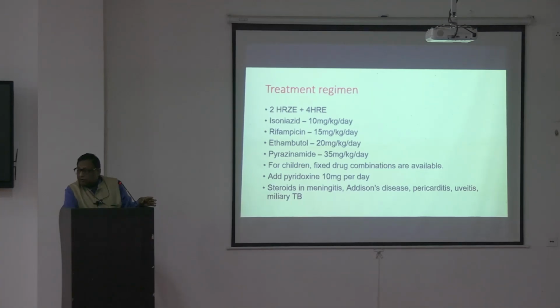There they are using 5 drugs. Instead of 2HRZE, we use streptomycin injection. For 2 months you give streptomycin, then 1 month HRZE, then 5 months HRE. It's a total of 8 months. That is the second line treatment Government of India has approved for children.